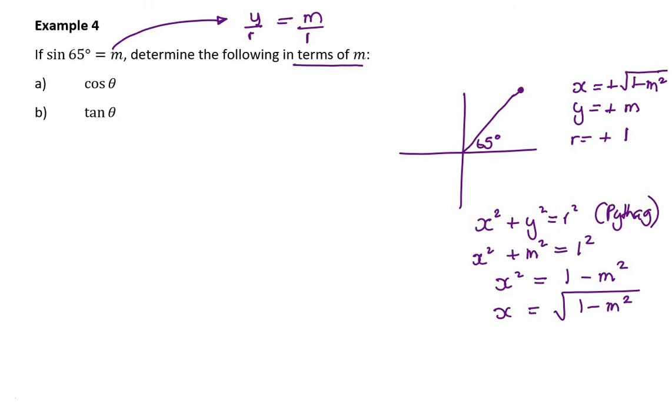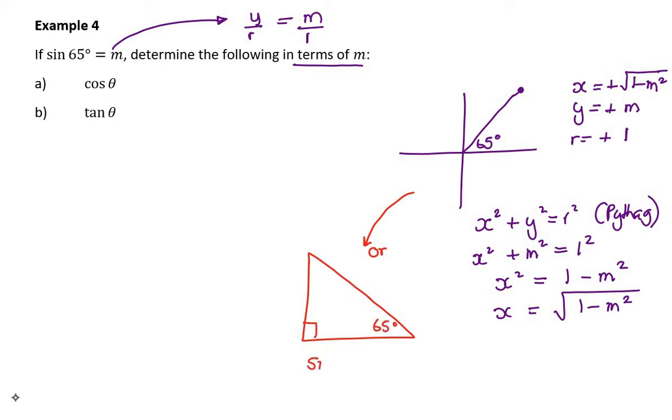Now once again I've got x, y, and r, and I can do anything. So this is a slightly different question to example 3. A different way to do this would be, we don't have to think of this as a Cartesian plane. We could think of this as a right angle triangle, because 65 is acute. So I could put 65 degrees in there.